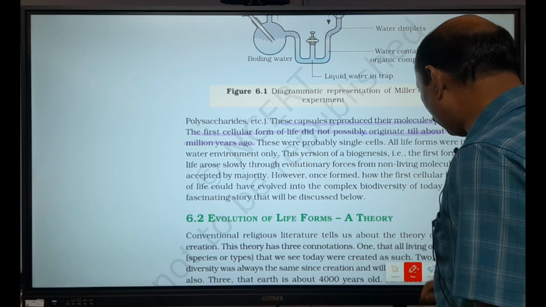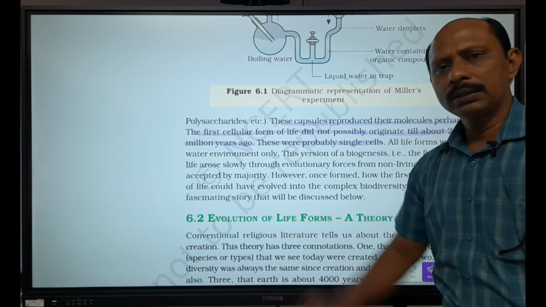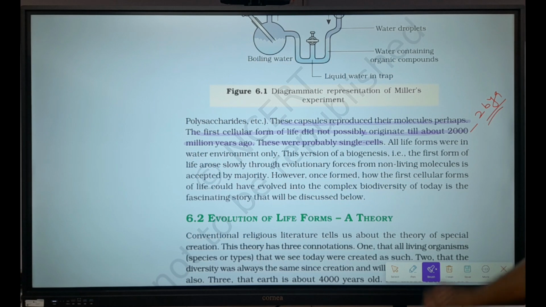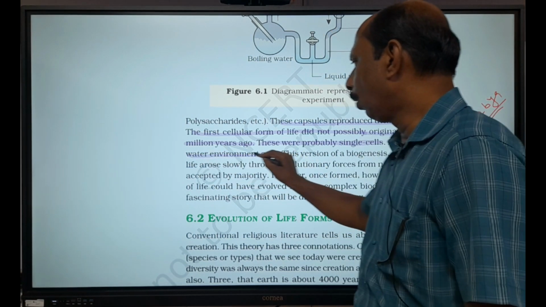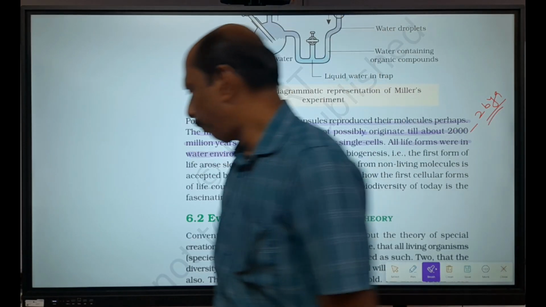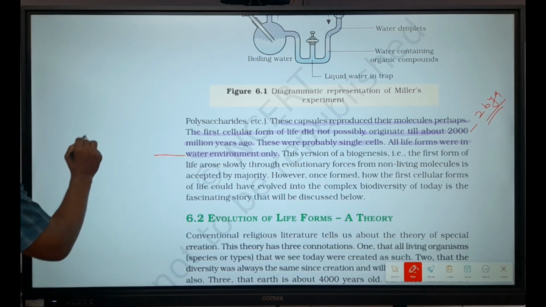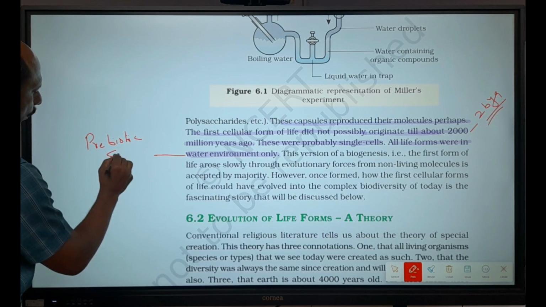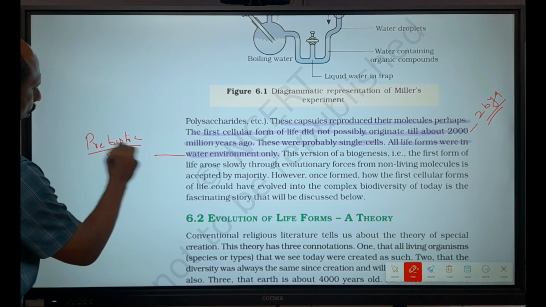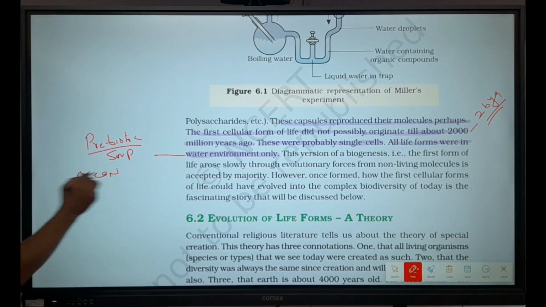These were probably single cell, single-cell prokaryotic cells. All life forms were in a water environment only. Water environment means in the prebiotic soup, right? Means ocean, primitive ocean.